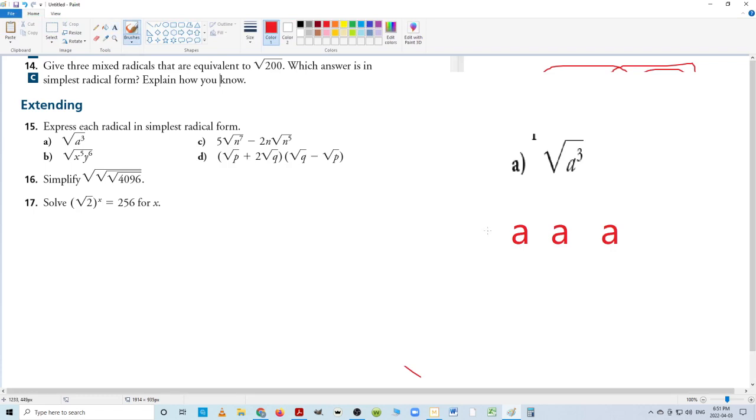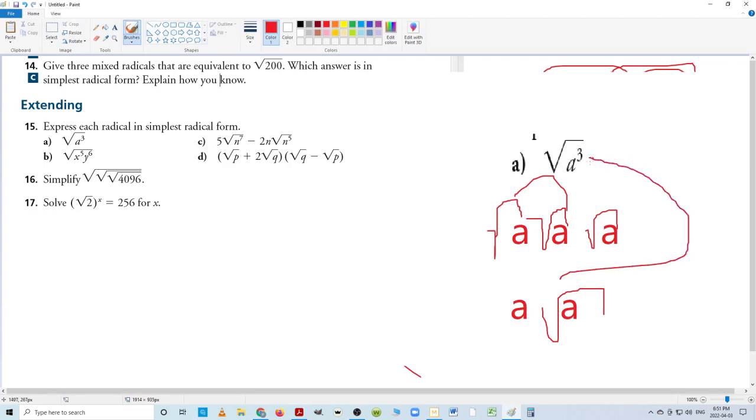And they're all square roots, because this can also be expressed as this. Doesn't matter where you put the powers when they're all powers. Well, these first two cancel out. So you just get a times the square root of a. This is the simplest mixed radical form of that. And they're all pretty much like that.